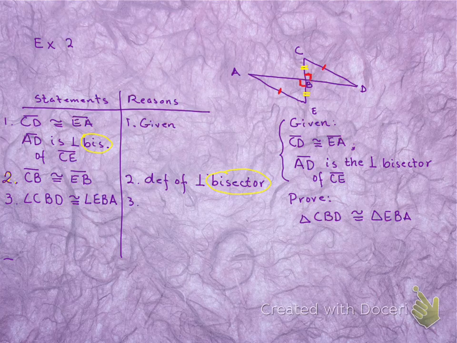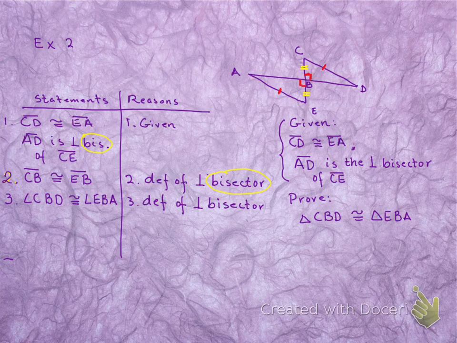And that is the same reason, but this time we're pinpointing in particular the perpendicular part of that statement. Okay, so AD being the perpendicular bisector of CE led to statements 2 and 3.